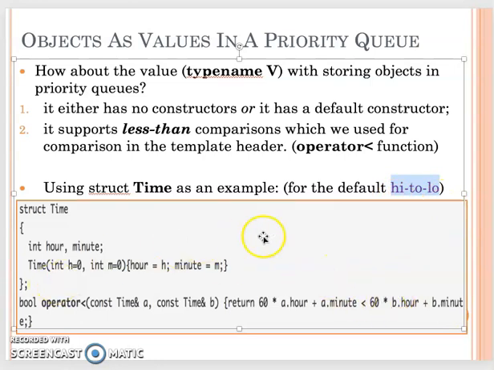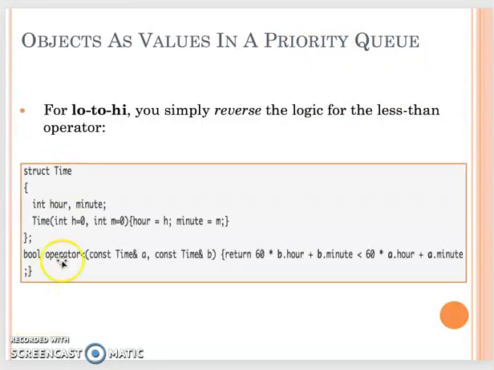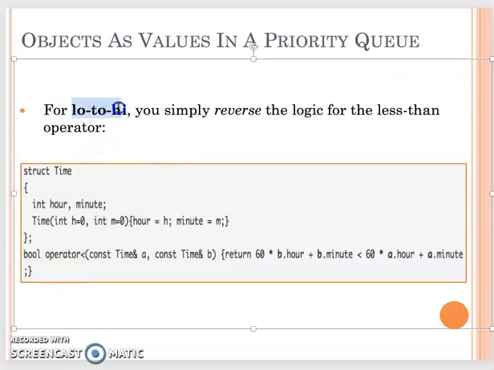But if you want to continue to use the priority queue header file we implemented, the order is high to low. Now I want to use our priority queue but maintain a low to high priority. On the other hand, that means the lowest value I will pop first. Can I still use our priority queue library? You can. Just one thing: when you want low to high for our priority queue, you need to simply reverse the logic of your less than operator.